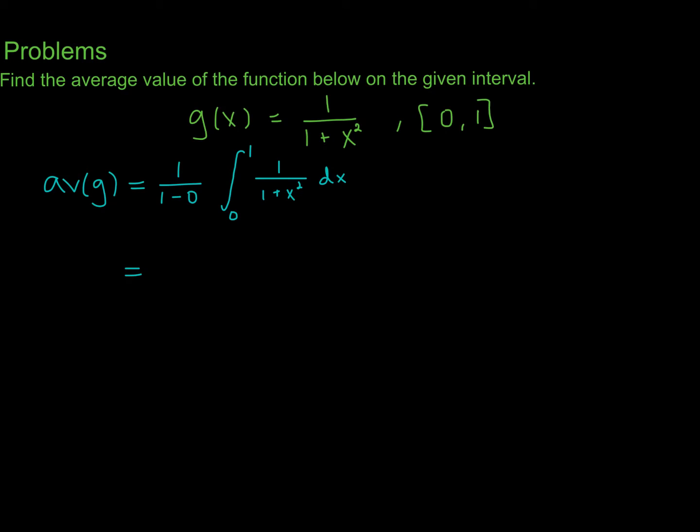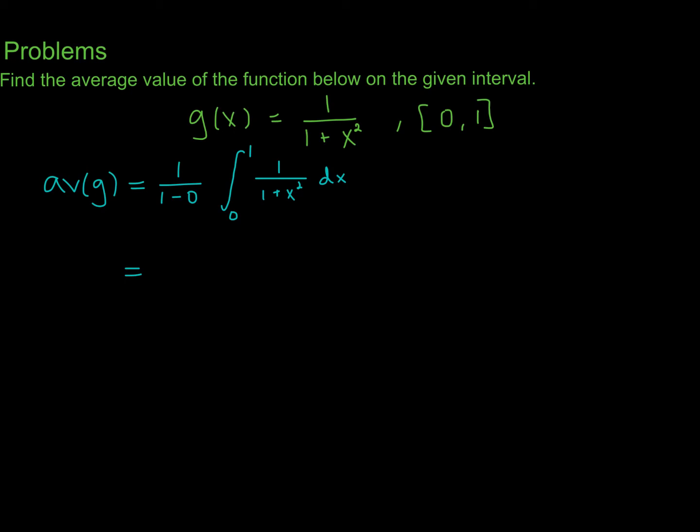The tricky part of this is actually coming up with the antiderivative. So if you page back through your derivative rules, you're looking for a function whose derivative is 1 over 1 plus x squared. And this turns out to be the derivative of inverse tangent.